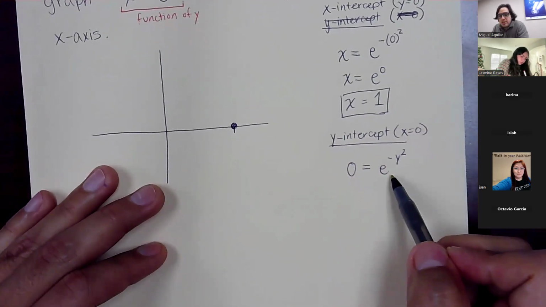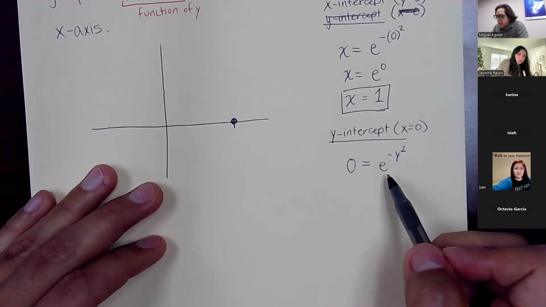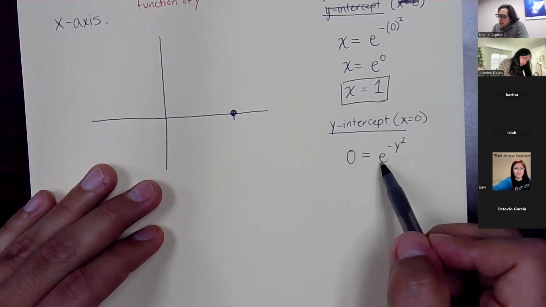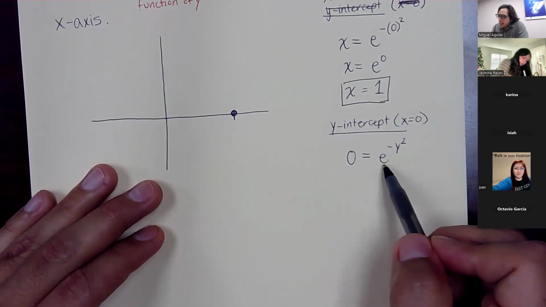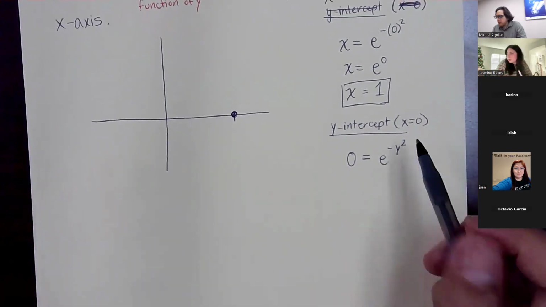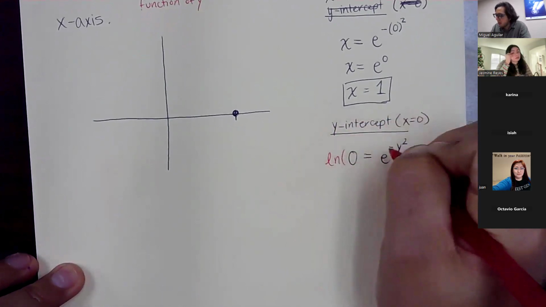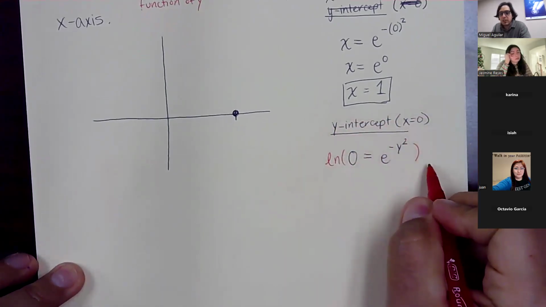But this kind of looks hideous, right? Maybe if I tried to cancel out this e here, if you recall your basic algebra, usually you would take the natural log of both sides of the equation.